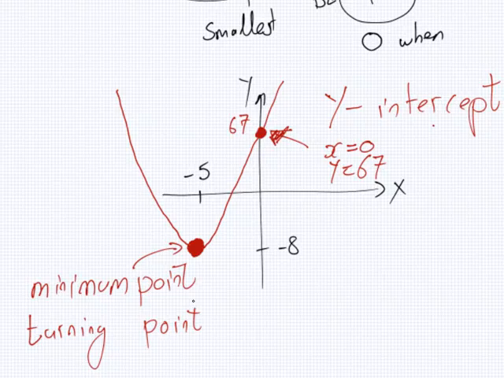What does turn mean? Change, yeah, like when you turn in the car. So you can call this a turn-in point because here it's going down, but here it's going up, so it turns. We call it a turn-in point.